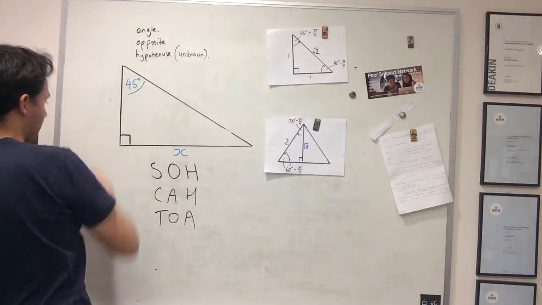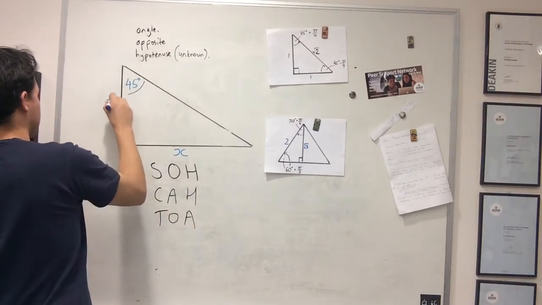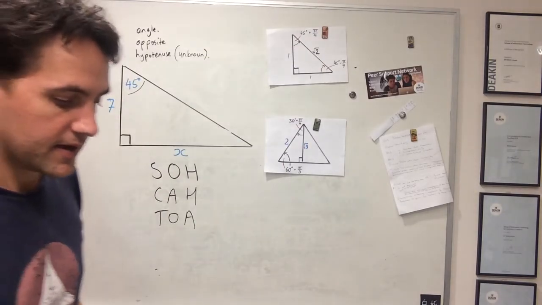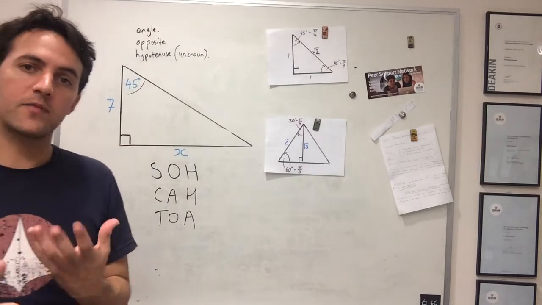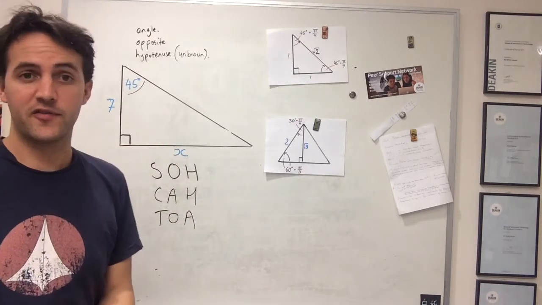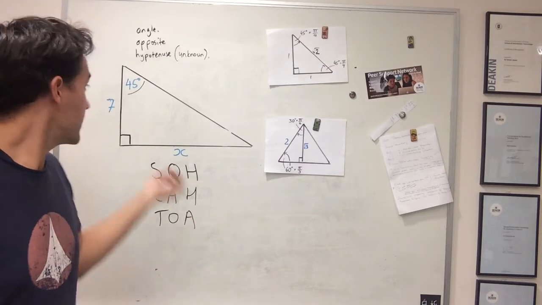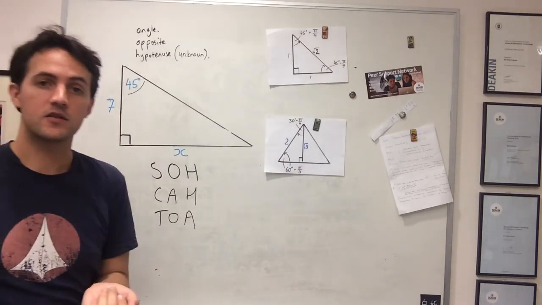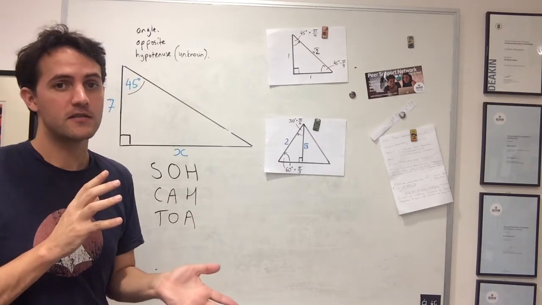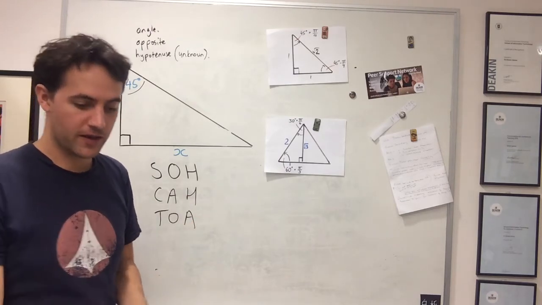Let's not do 1, 1 is too easy. Let's do 7 here. Okay, so let's say we have a triangle like this. Now, going back to what we just did with the previous example, remember each of these relates 3 bits of information. The question is, which 3 bits of information do we have? Think about it for a second.